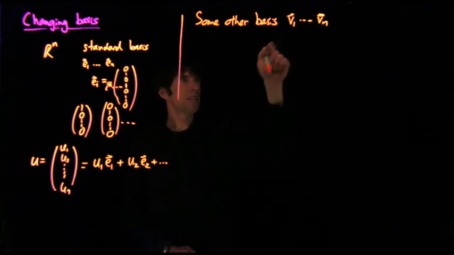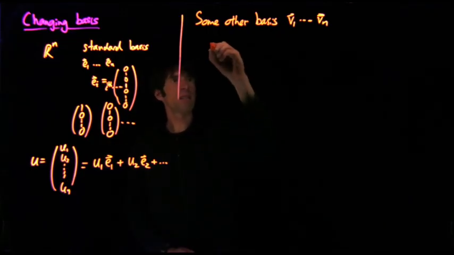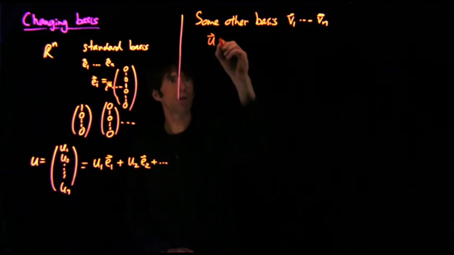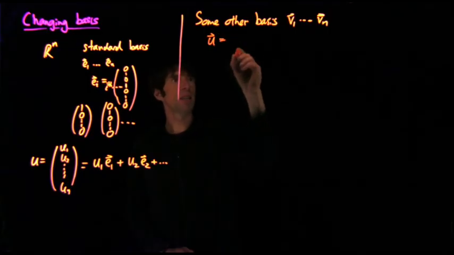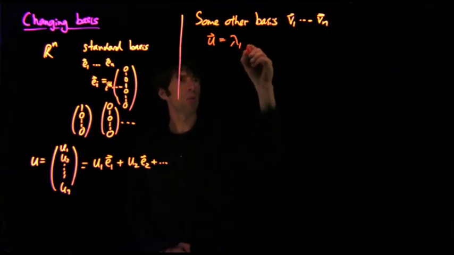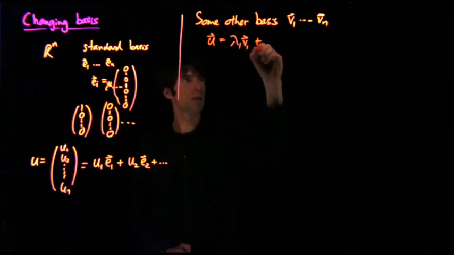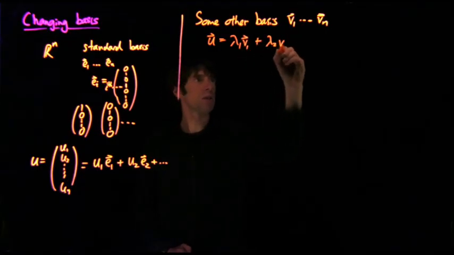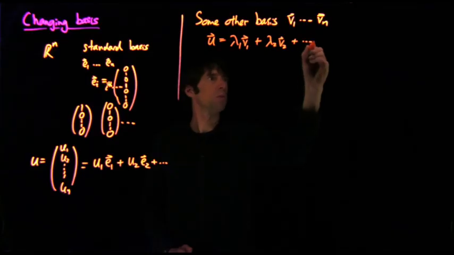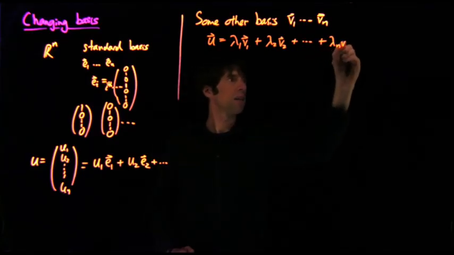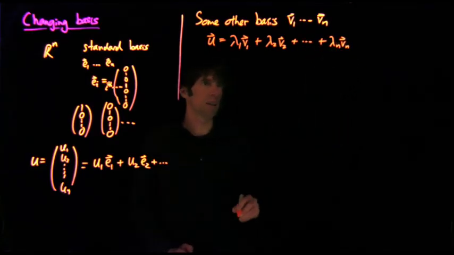Now, in this basis, because this is a basis, I can take any vector u and write it uniquely as lambda 1 times v1 plus lambda 2 times v2 up to lambda n times vn.